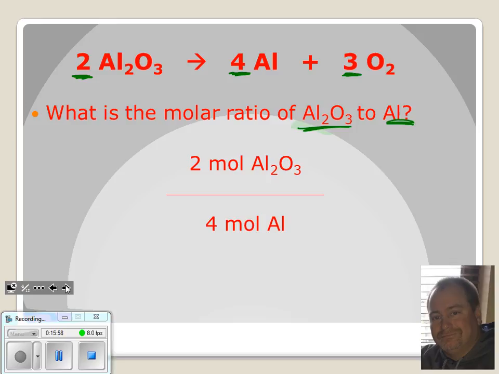So my molar ratio of aluminum oxide to aluminum is 2 moles of aluminum oxide over 4 moles of aluminum.